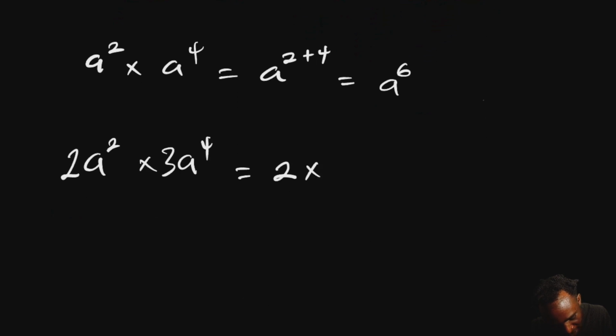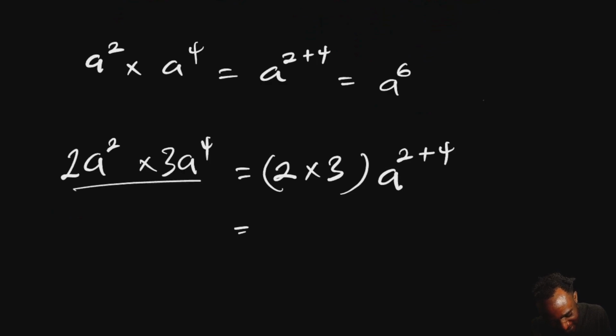So 2 times 3. And then what do we do next? You're right. We write one of the bases and then we add the exponents. So this is going to result in 2 times 3, which is 6. And then we write one of the bases, add the exponents, which is 2 plus 4, giving us 6. Our final answer: 6a raised to the power 6.